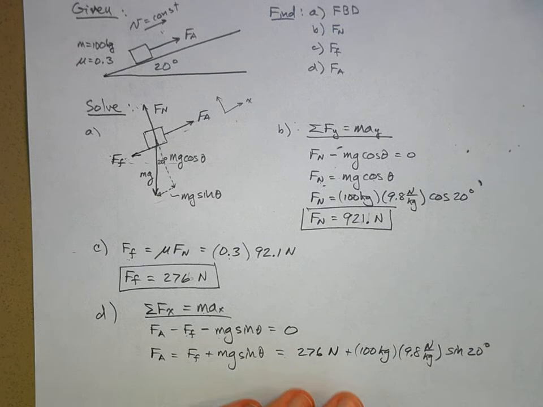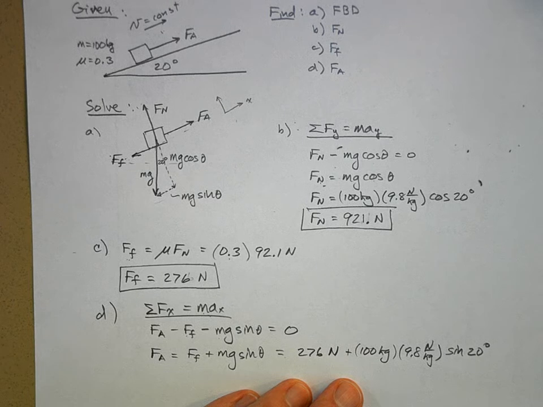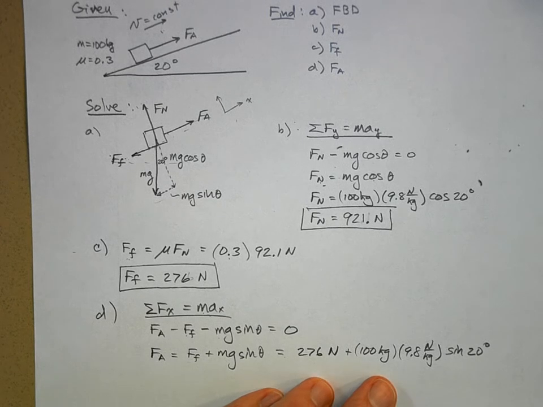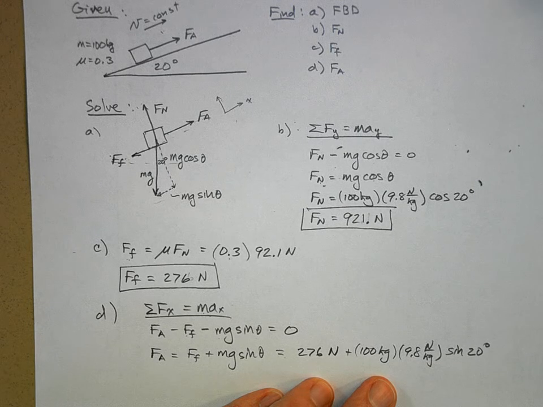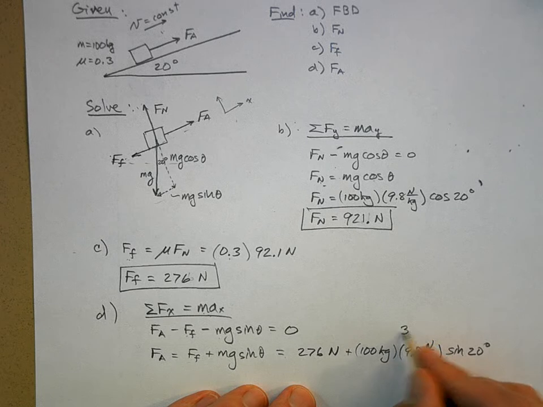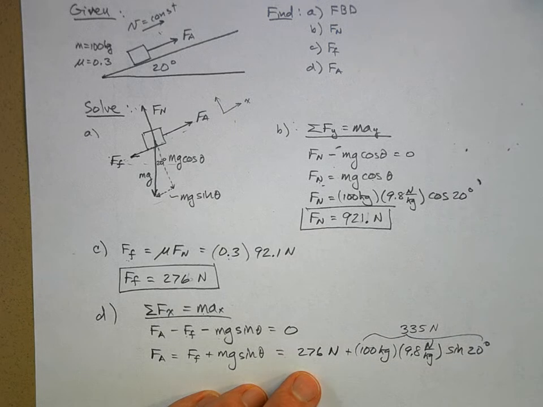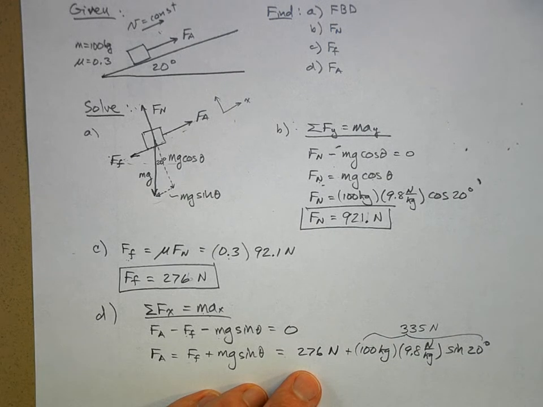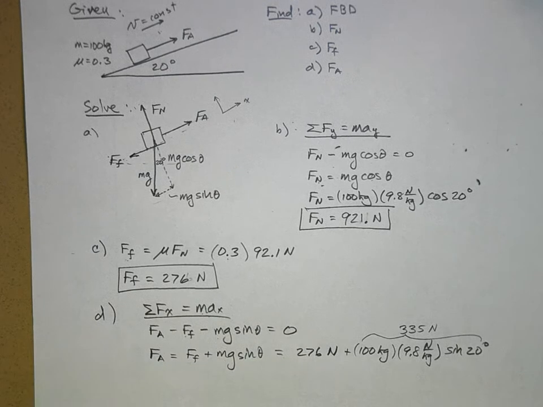Well, let's figure out what this is. 100 times 9.8, well, that's silly, it's 980, times the sine of 20, which is pretty small. So I get 335 newtons. And I'm going to add that to 276, and I get 611.